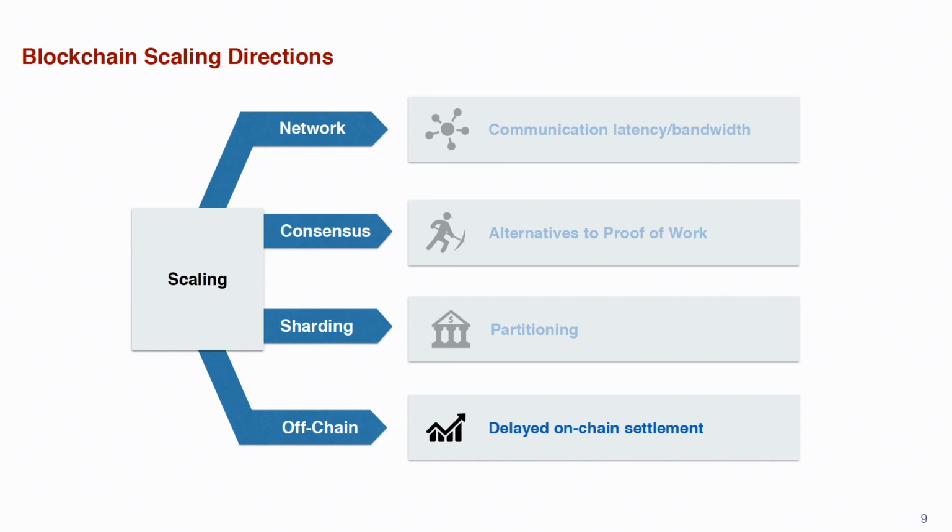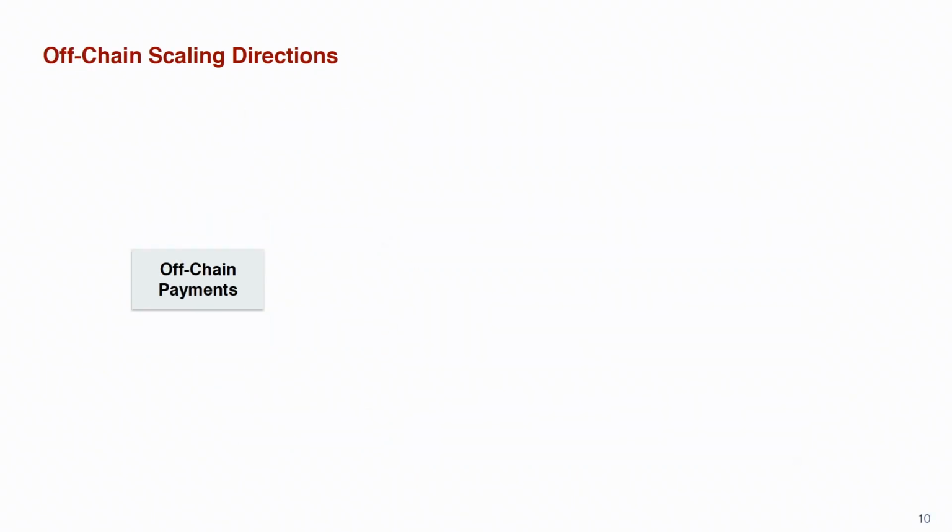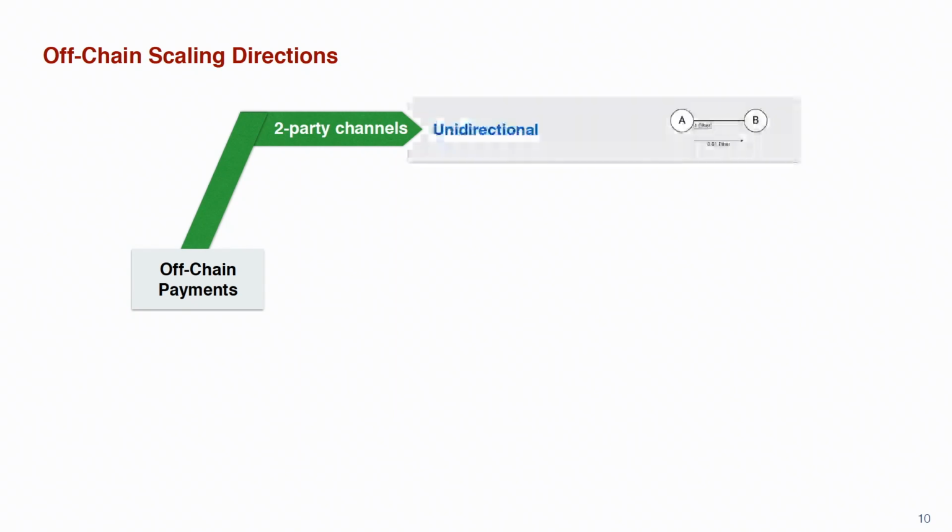So the fourth topic I would like to go into is today's off-chain. This is on the second layer, so on top of the blockchain layer. In off-chain payments or computation, there are different directions that we see nowadays, different architectures that are being worked on. The first is two-party payment channels. In two-party payment channels, you have different settings.